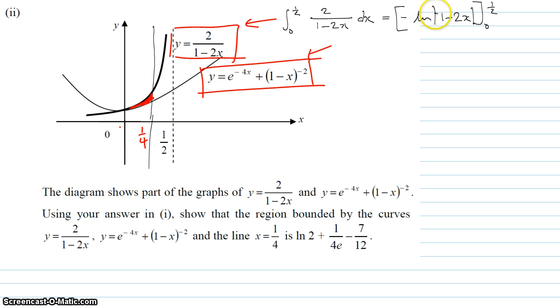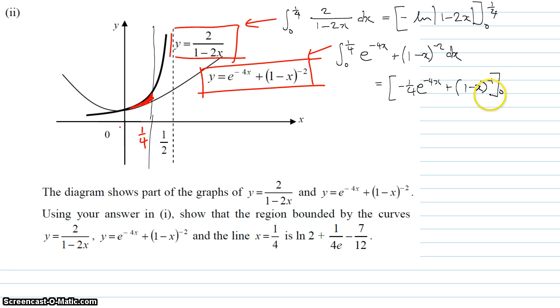Sorry, not a half, a quarter. And then this area here is just going to be the integral from 0 to a quarter of e to the minus 4x plus 1 minus x to the power of minus 2 dx. So I know the answer to this one from the previous part. This is going to be minus 1 over 4 e to the minus 4x plus 1 minus x to the power of minus 1 between 0 and a quarter.